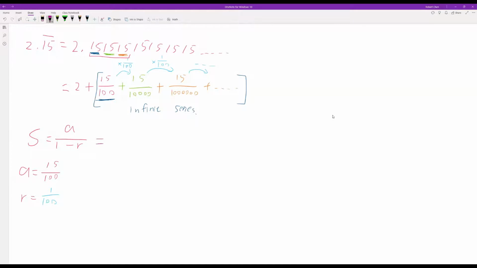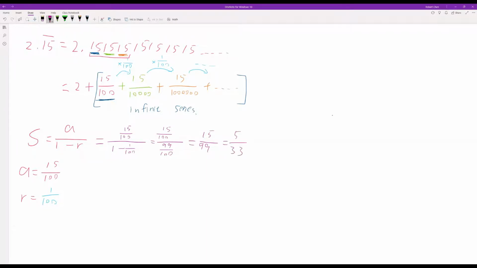So the sum is equal to A, 15 over 100, over 1 minus 1 over 100, which is 15 over 100 over 99 over 100. That comes out to be 15 over 99, which can be simplified by dividing by 3, so 5 over 33.